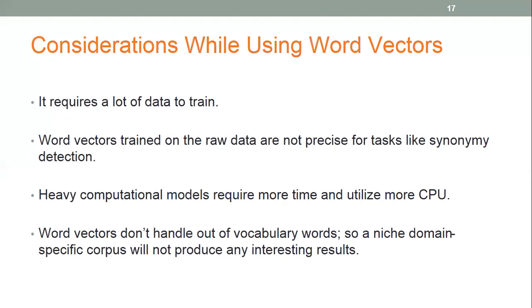And this is a problem because in a niche domain-specific corpus, it is going to be very small, and we cannot add more data to it or retrain any models that have been trained previously, because we cannot add in the vocabulary from these niche domains. So that is one of the biggest considerations when using Word2Vec.